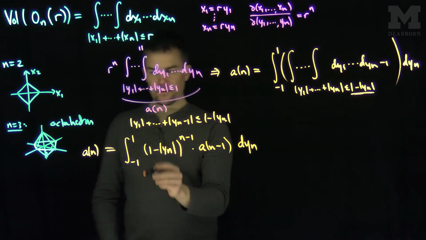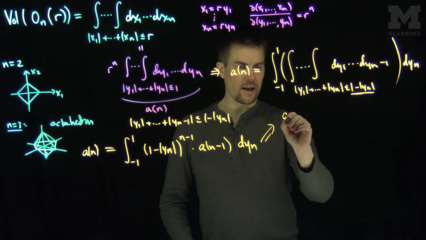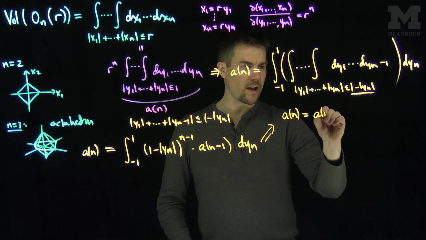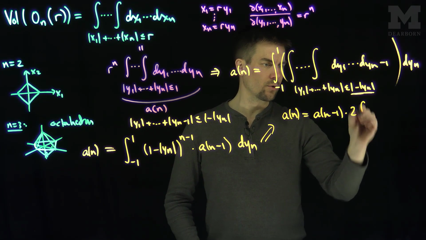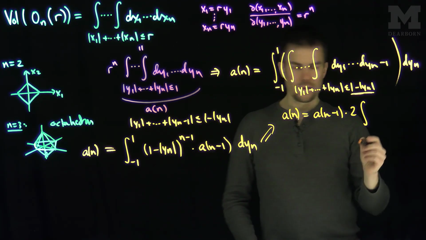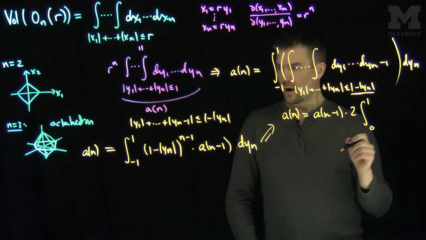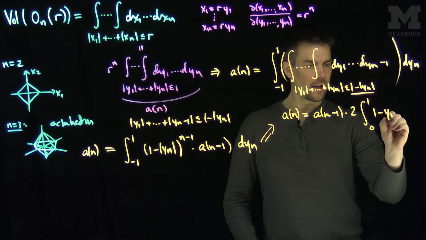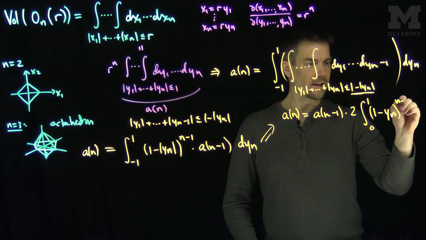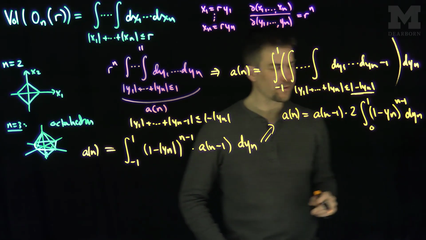And so now, of course, this is an even function. So this implies that an is equal to a n minus 1 times 2, the integral from 0 to 1 of 1 minus yn to the power n minus 1 dyn.